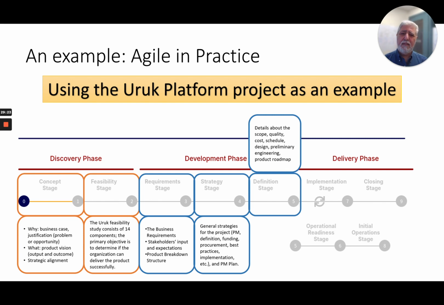That could become a case study to discuss another time. In this case, we're trying to explain the methodology in general. So we develop a high-level, semi-detailed plan with an idea of the product roadmap, a rough cost, a rough schedule, and allowing plenty of contingency in order to allow flexibility.